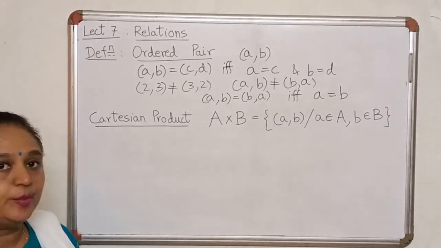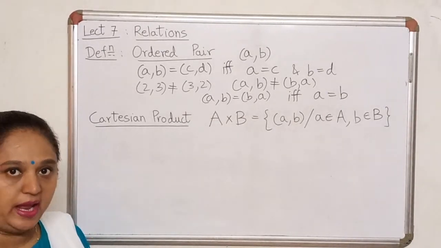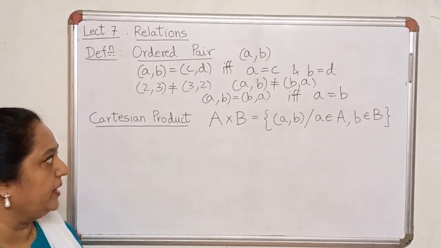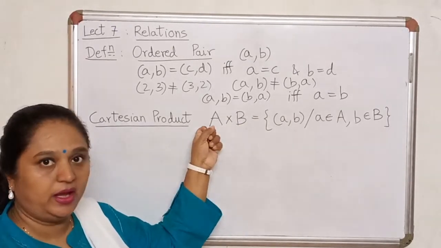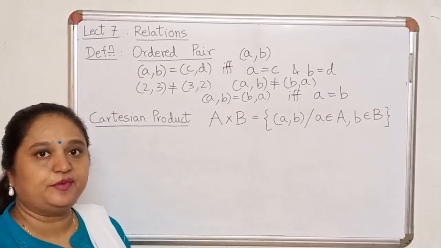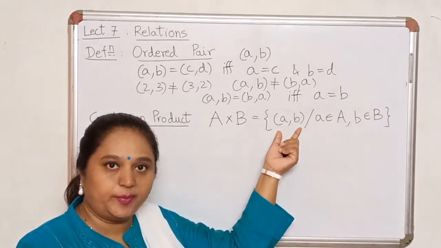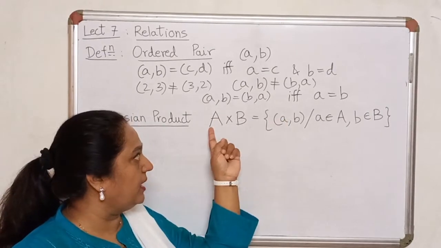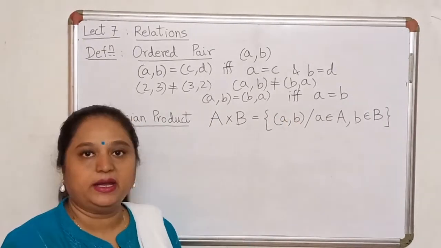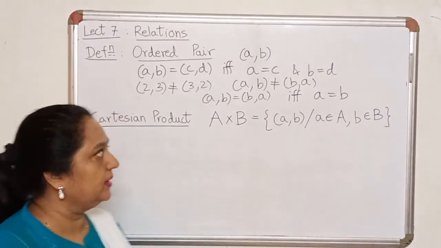So the Cartesian product of the two sets A and B will be denoted this way, A cross B, and is defined as the collection of all possible ordered pairs where the first element comes from the first set, second element comes from the second set.